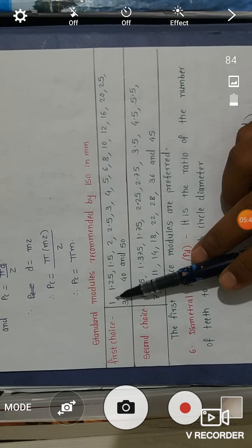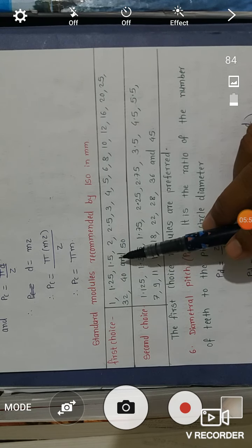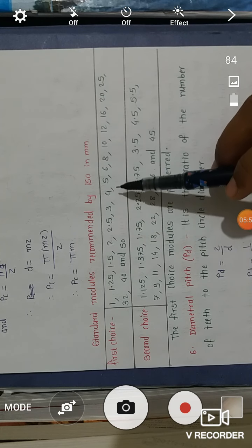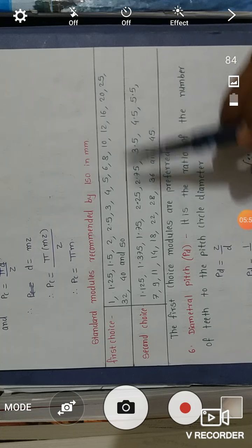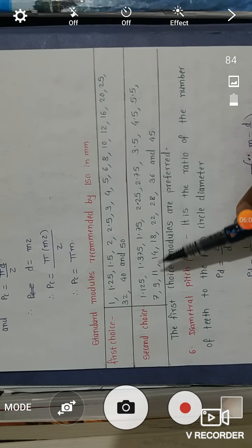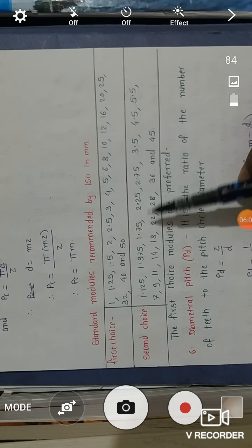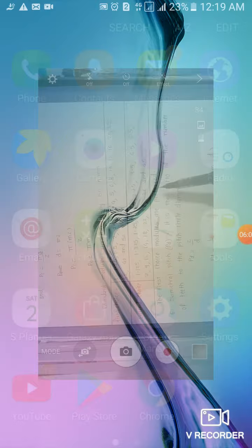First choice for m is 1, 1.25, 1.5, 2, 2.5, 3, 4, 5, 6, 8, 10, 12, 16, 20, 25, 32, 40 and 50. Second choice is 1.125, 1.375, 1.75 up to 45. The first choice modules are preferred mostly.